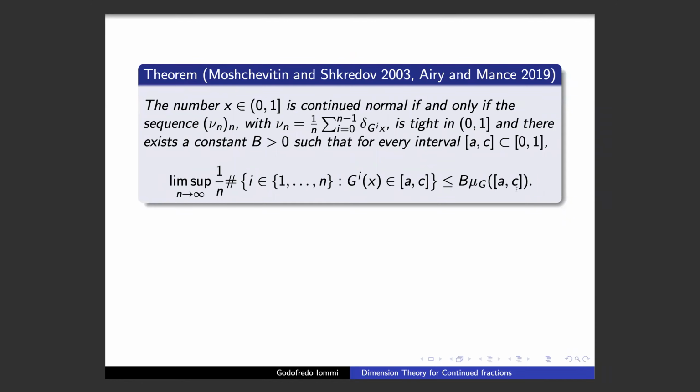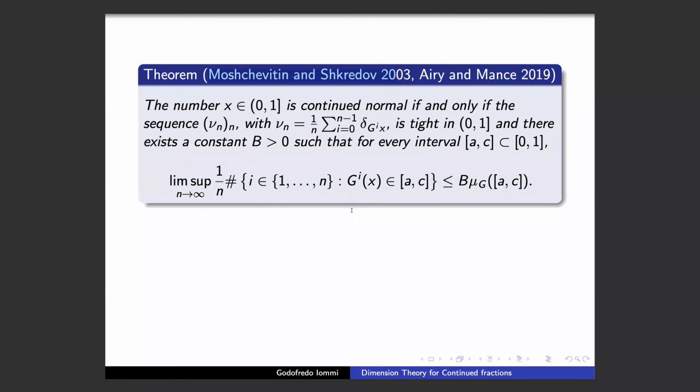These authors, I don't know how to pronounce, these first authors, Moshchevitin and Shkredov, adapted the arguments developed by Piatetski-Shapiro to this continued fraction setting, and they tried to translate somehow the same proof.